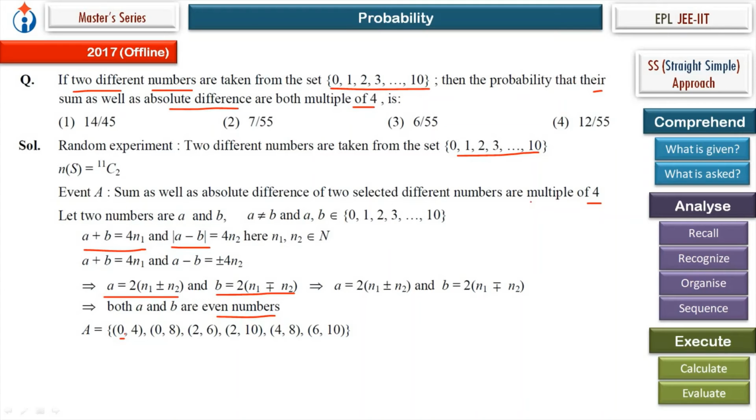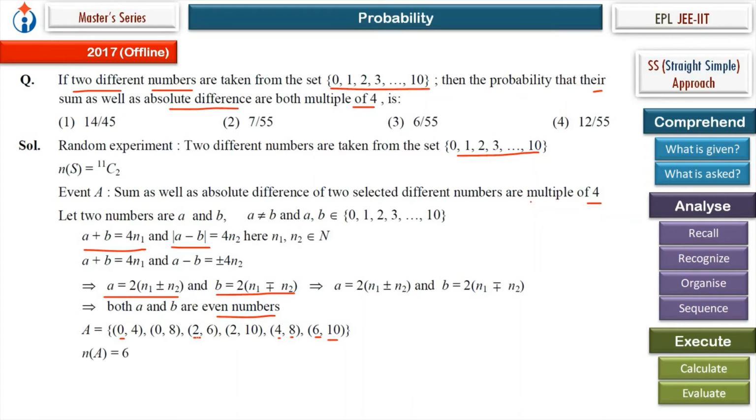If I take A as 0, then B satisfying this can be 4 or 8. If I take next A as 2, B can be 6 or 10. Next A equal to 4, B can be only 8. Then next value of A is 6, then B has to be 10. That's it. So your counting becomes simpler.